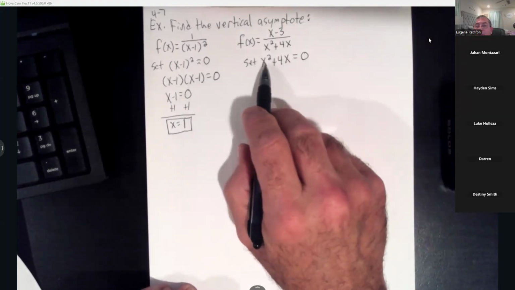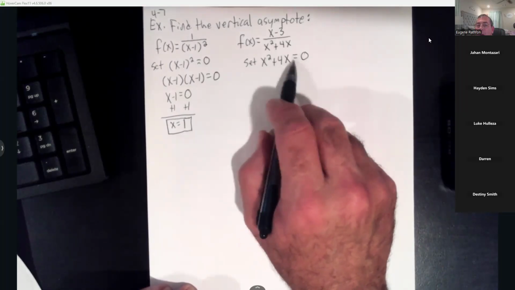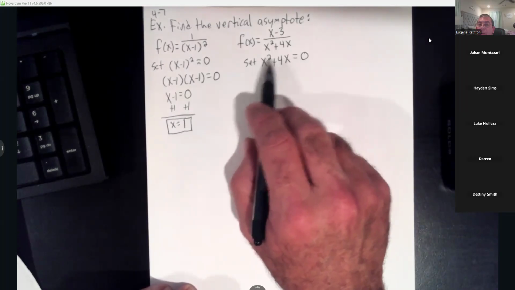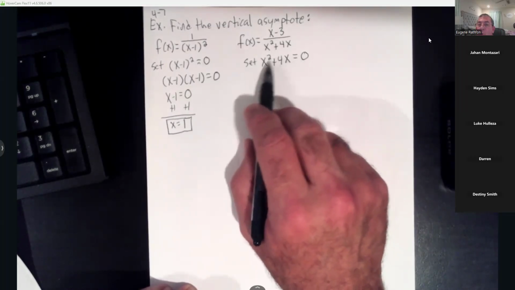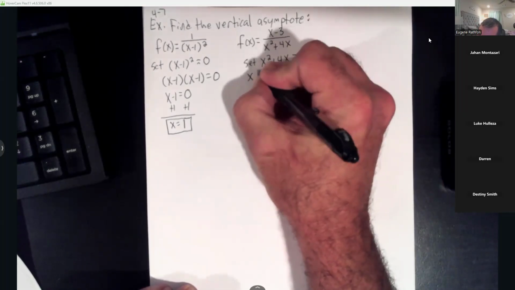When you've got an x squared term and an x term, the way you solve those is by factoring out the greatest common factor. Both of these have at least one x in them, so we're going to factor out an x.